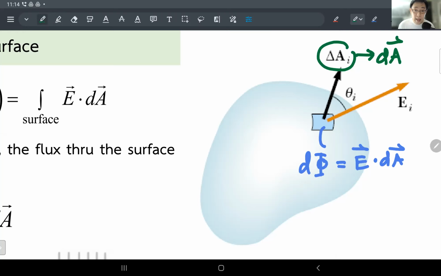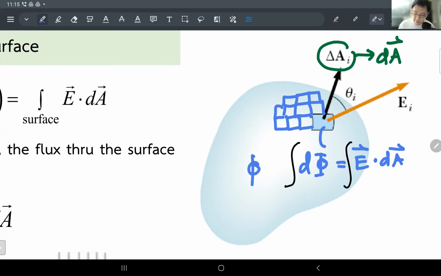Cool. And now you just keep doing this everywhere on this closed surface: the next one, next one, and on and on. What you're doing is summing all those fluxes together. At the end, you will get the net flux through this closed surface.